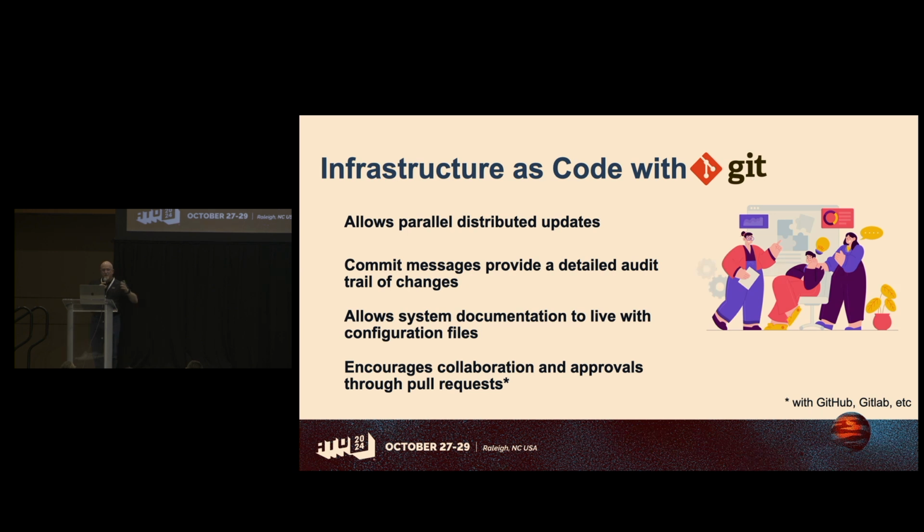And then lastly, for this particular slide at least, using Git and having everybody working with Git, with GitHub, GitLab, and the other hosting, gives you the ability to do what we call pull requests. That's the way we get work back into the main code line that we're going to see in just a second. It gives you the ability to have your engineers collaborate on these changes and comment on things. You may have an engineer that looks at a pull request of changes that someone is proposing and says, this is really not the way we want to do this.